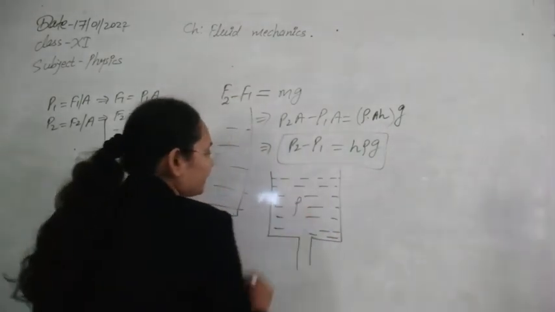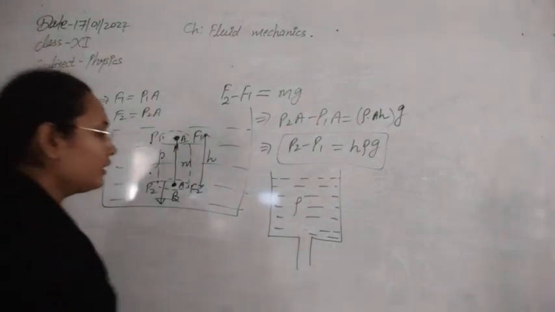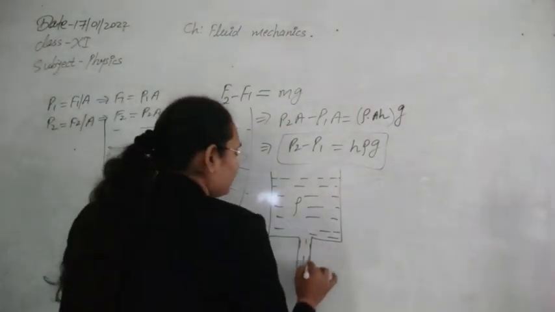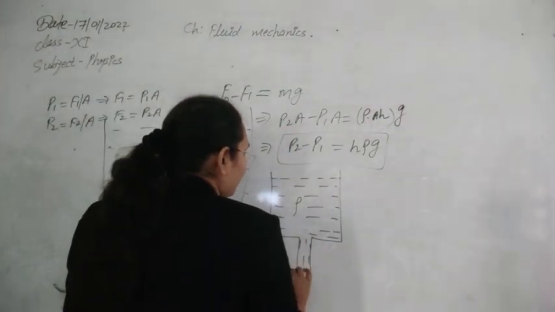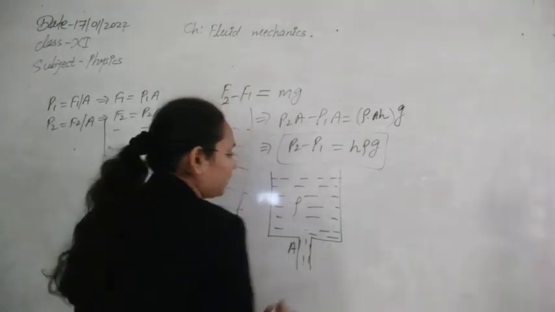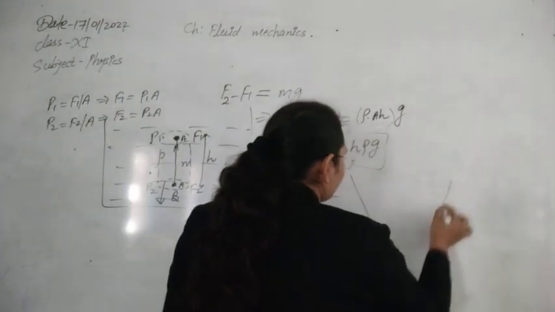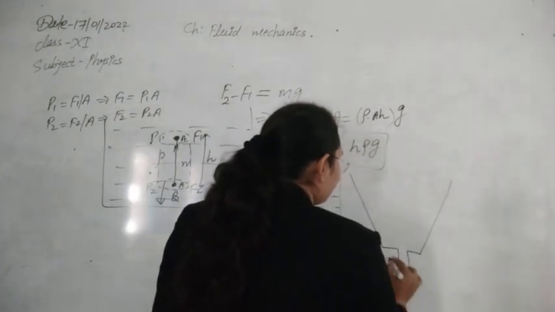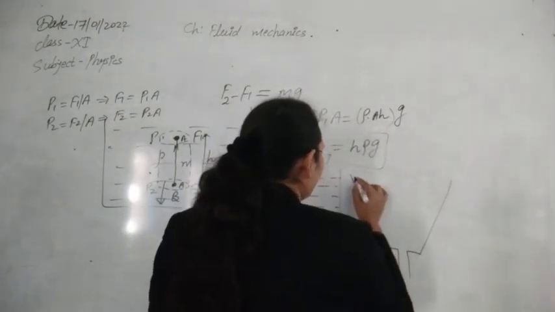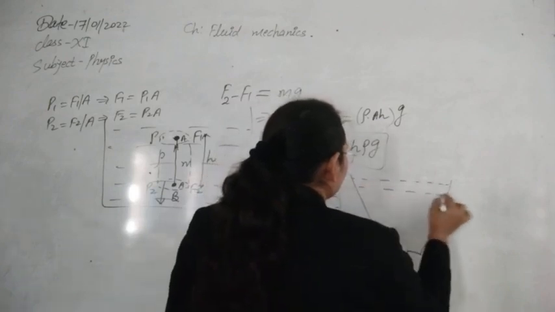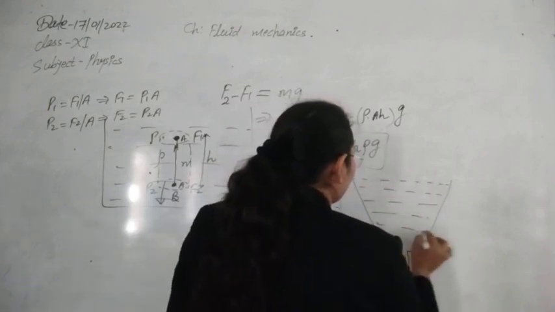So suppose a liquid is filled of density rho. The vessel has an area A. Similarly, another vessel we have used, of this shape, but the area A is equal, and up to the same height we have filled the same liquid.